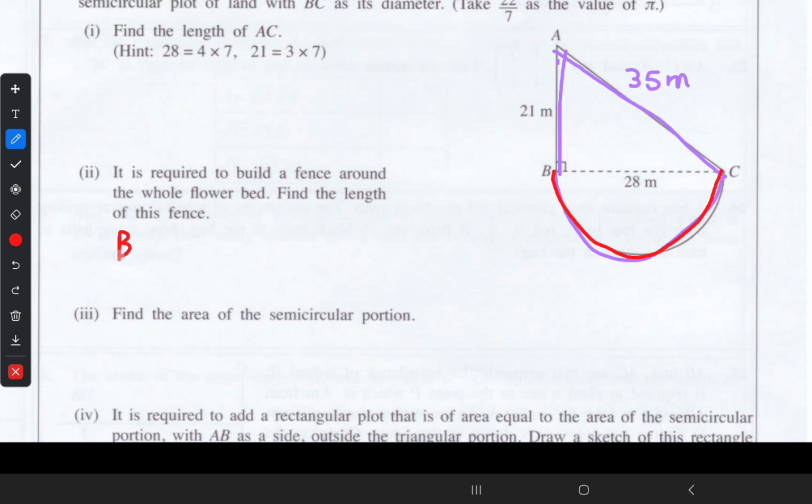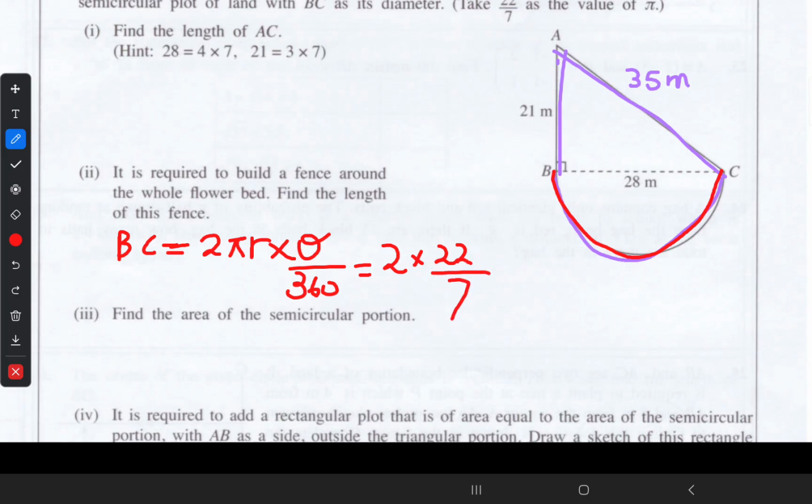For that, 2 pi r multiplied with theta upon 360. Then 2 pi, 22 upon 7. Here you can see the diameter is 28 meters, so the radius should be half of this. That is 14 meters.